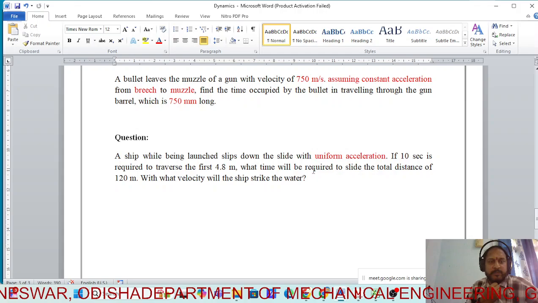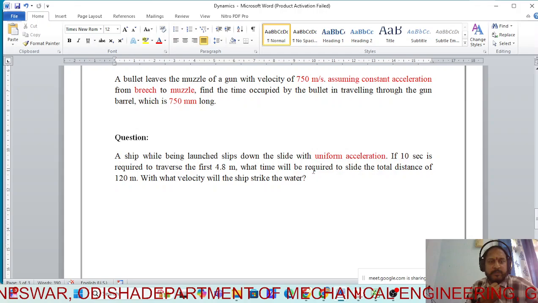What is the given data? The ship is being launched. When it is being launched, what is the initial velocity? Zero. Initial velocity is 0. Now, in the question, we are taking T1 into consideration.